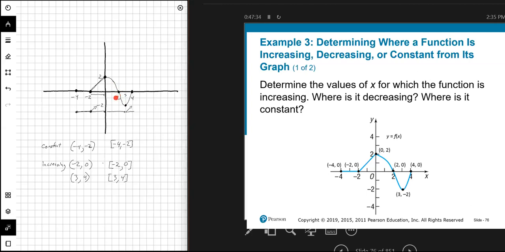It has nothing to do with these intervals because the y values are still going down. So we just include that in the interval from 0 to 3. From 0 to 3, or as they would say, the closed interval from 0 to 3, the y values are decreasing.